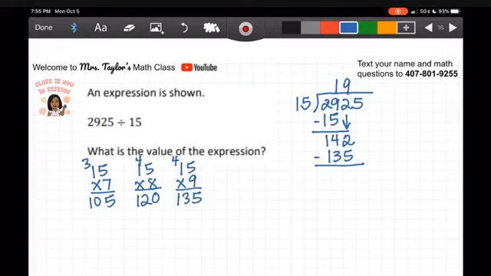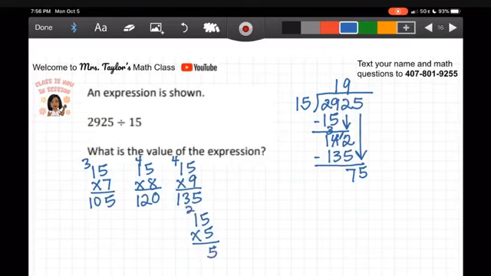And so we can do our subtraction. We're going to borrow and carry that over to the ones place. And this is going to be 7. And we're going to bring down our 5. Now, I do know this one. I know this is going to be 5, but I'll show you. 15 times 5 is going to be 25.